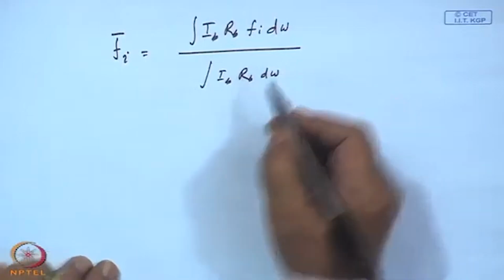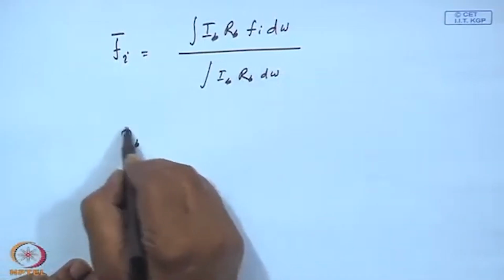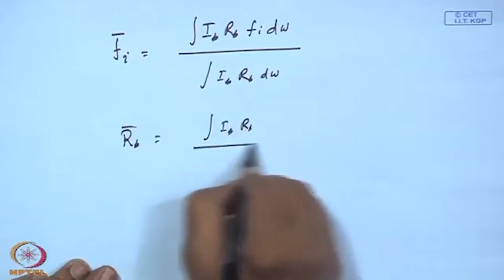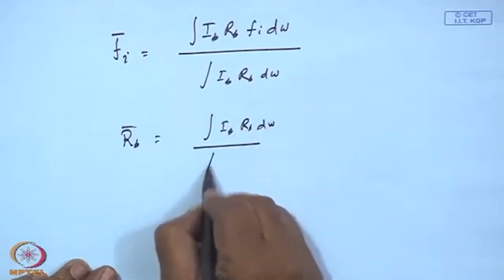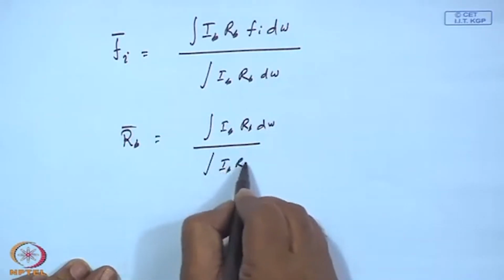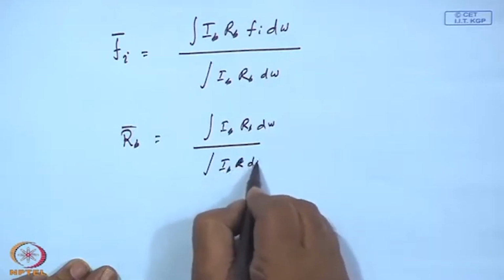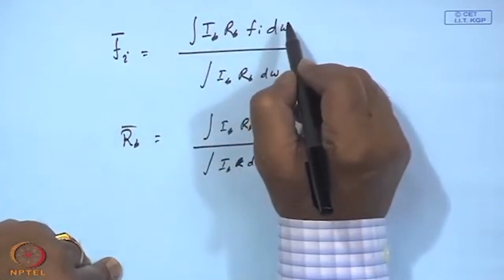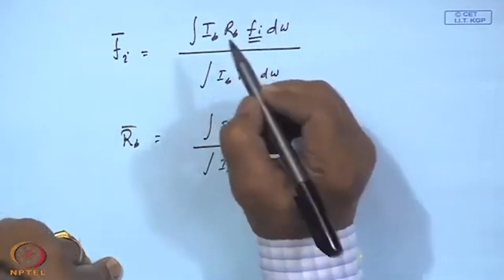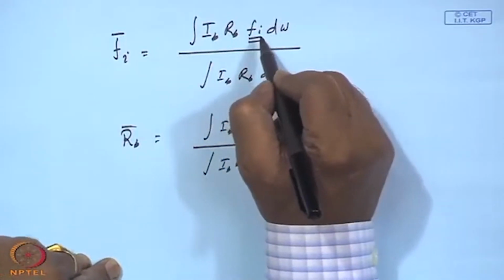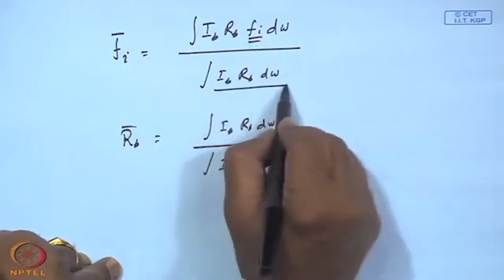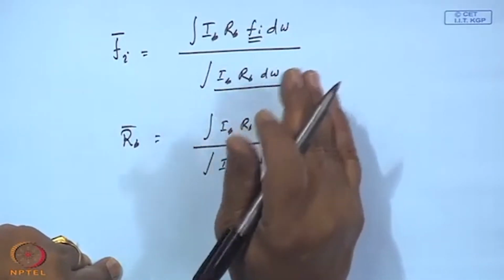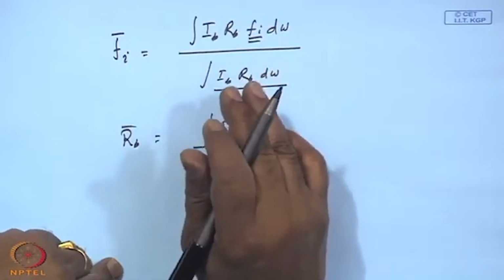Just like we have defined R b bar as integral I b R b d omega by integral I b d omega. This is the total amount of solar radiation falling on the collector, which is shaded by a factor which changes with time, divided by the total solar direct radiation that is likely to fall on the window or the surface if there had been no shading.